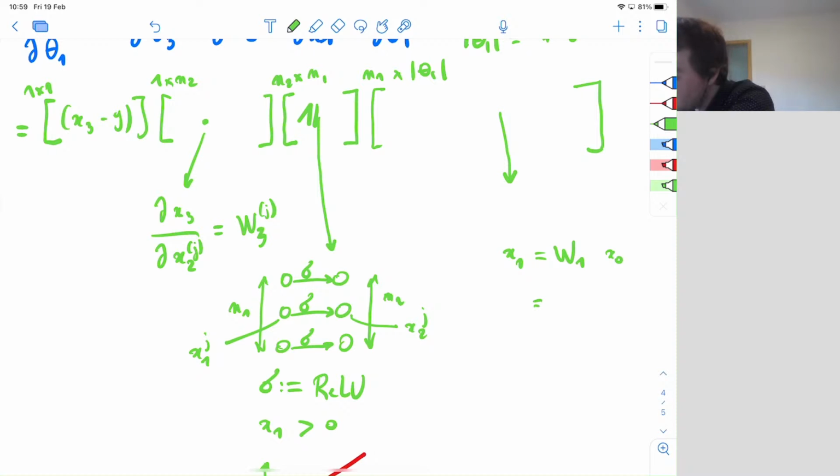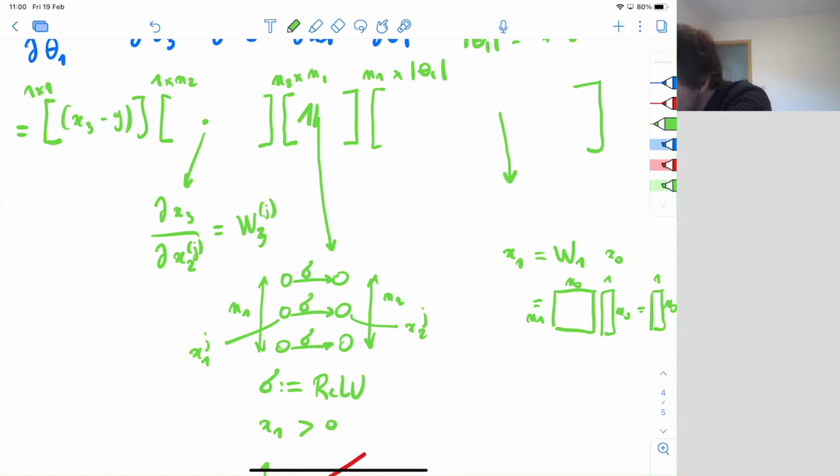So here that would correspond to a matrix of size n1 times n0, times x0 of size n0 by 1, and that's equal to this vector, which is x1.